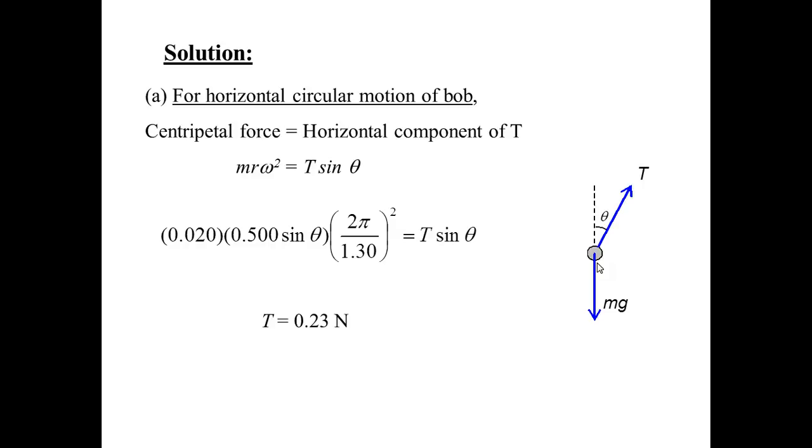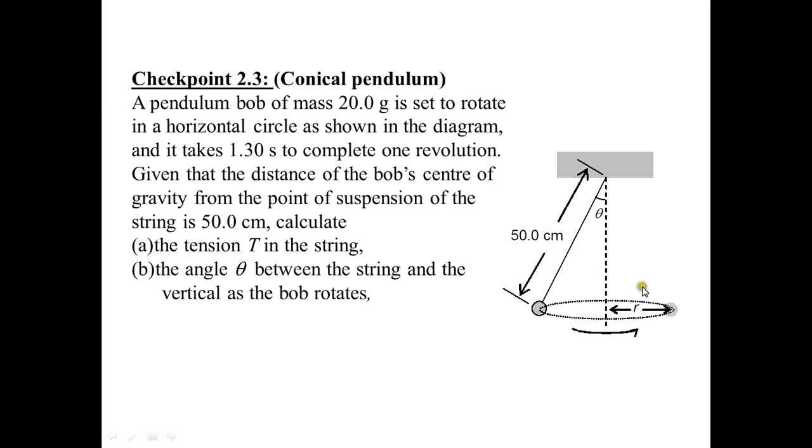From here, I can find the radius in terms of the length of the string. Referring back to the diagram, if you look at this triangle, opposite to the angle theta is the radius of the circular path, and the hypotenuse is the length of the string, 50 cm.